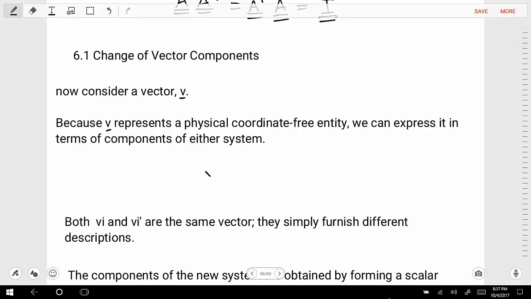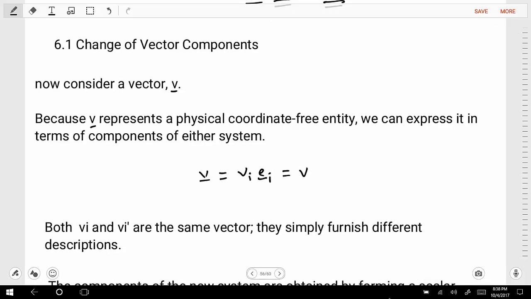Meaning if we have this vector v, we can describe it in terms of an original coordinate system, with components v_i and the original base vectors e_i, or we can describe it in terms of the new coordinate system, which has components v_j prime, and we're just introducing j as another index to show that those indices are not the same, and e_j prime.